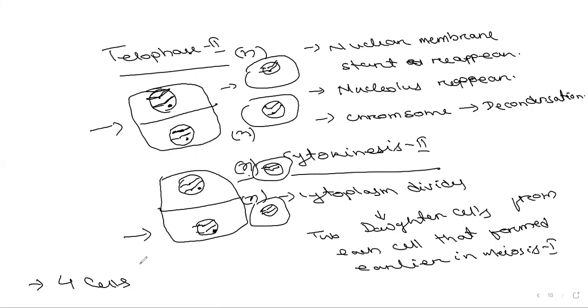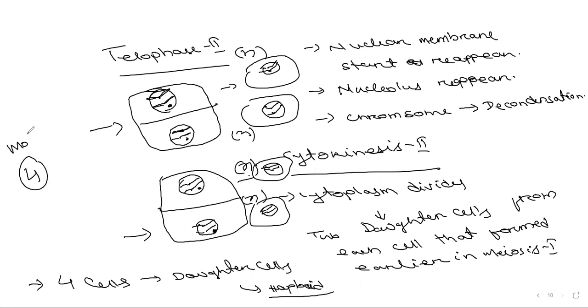These 4 daughter cells are haploid because they have half the set of chromosomes compared to the mother cell. The mother cell has 4 chromosomes, but the daughter cells have 2 chromosomes.